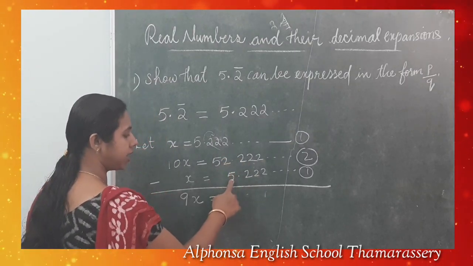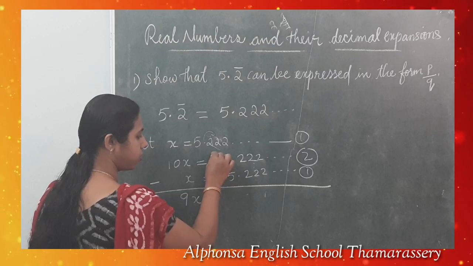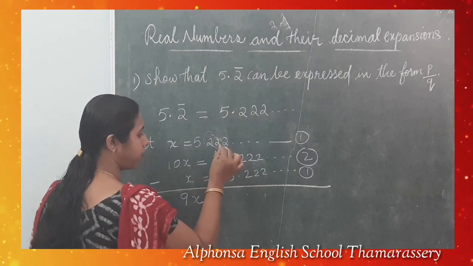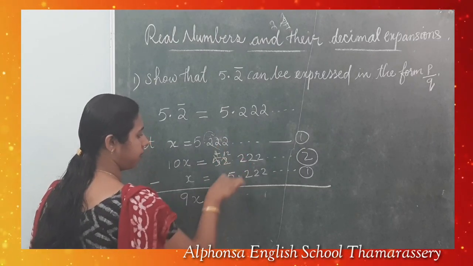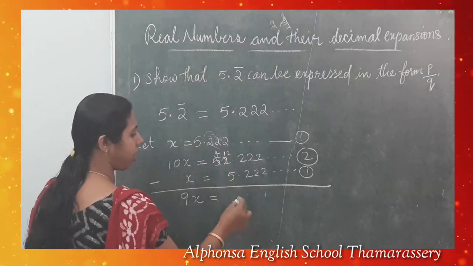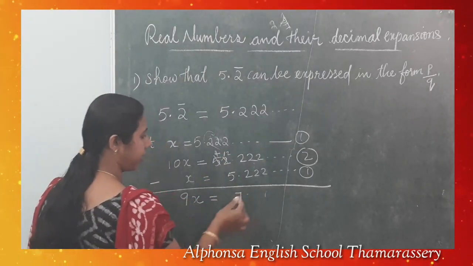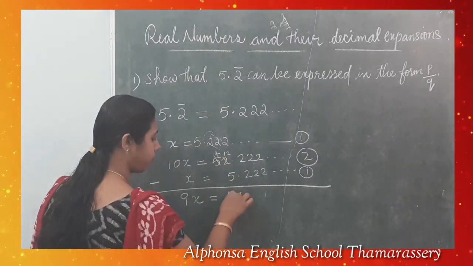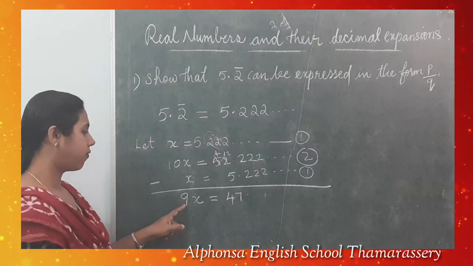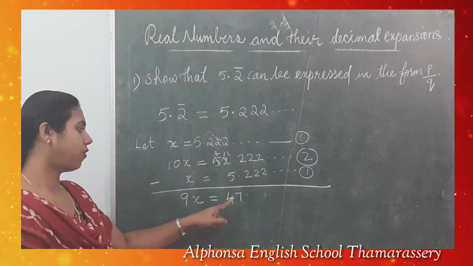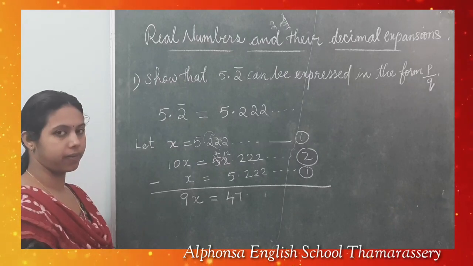Then 2 minus 5 is not possible, so we borrow from here. So here 4, here 12. 12 minus 5 is 7, 4 minus 0 is 4. So we got 9x is equal to 47.